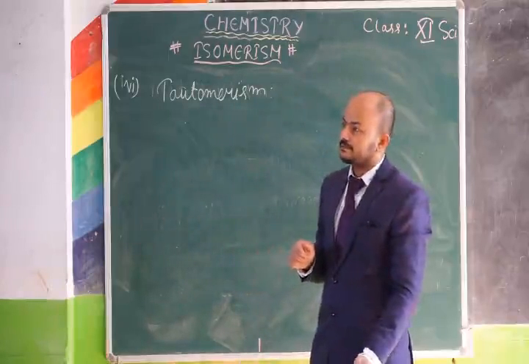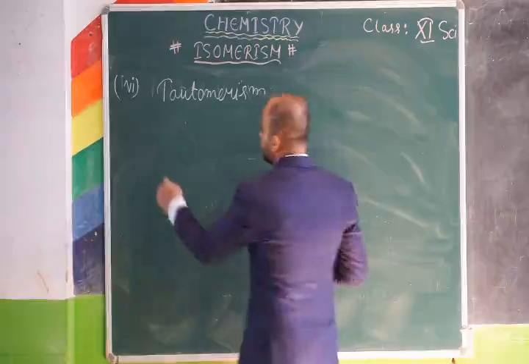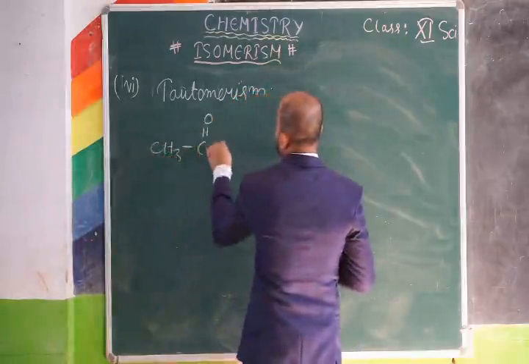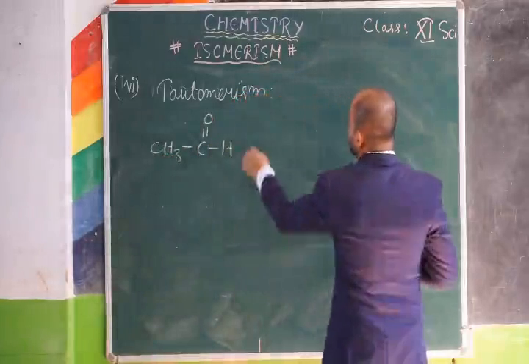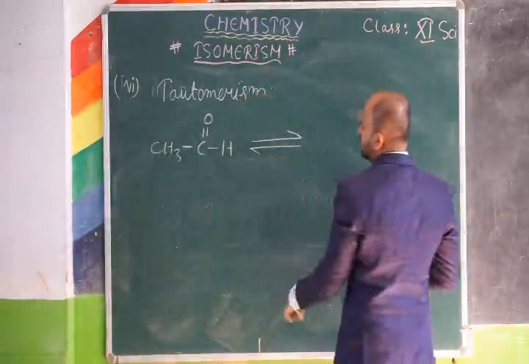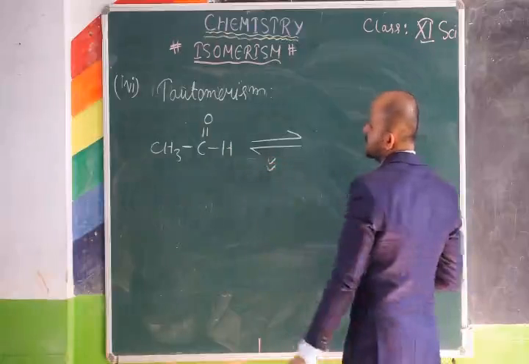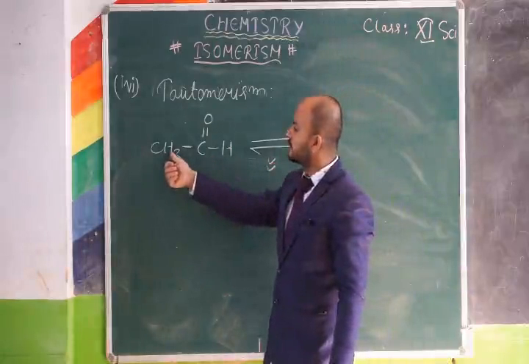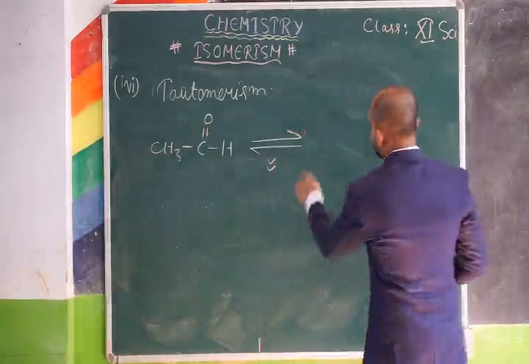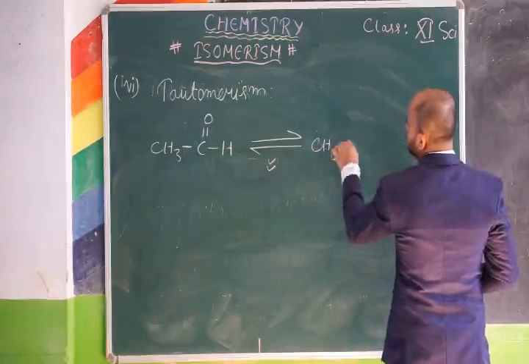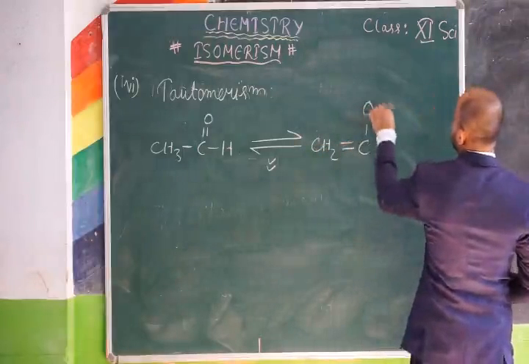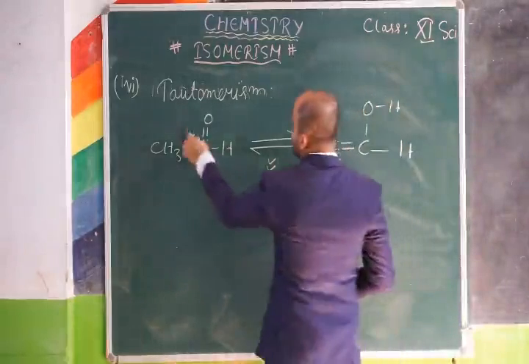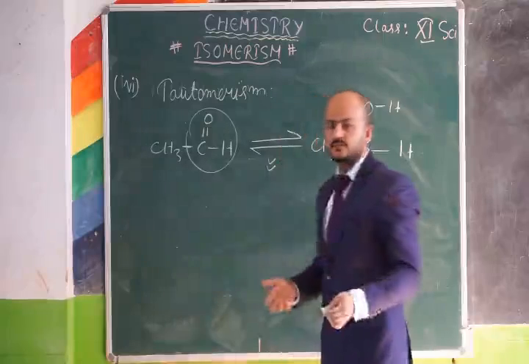For example, if you have this compound, say you have CH3, C double bond O H. Now, these are reversible. Please remember this. Tautomers are in dynamic equilibrium. Now, what will happen is one of the hydrogens from here can be shifted here so that you can have CH2, C, O, H, H. Now, here you can see that this is the carbonyl group.